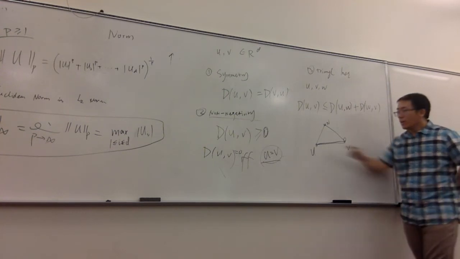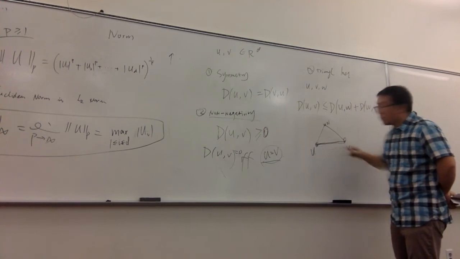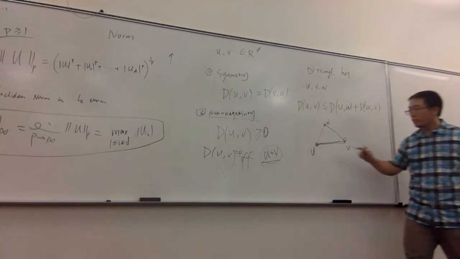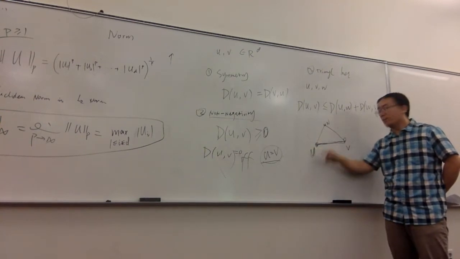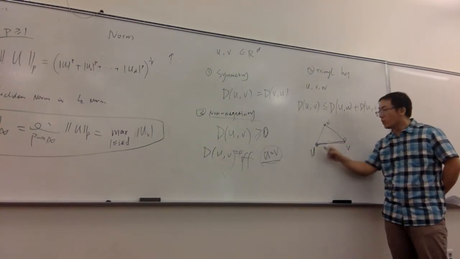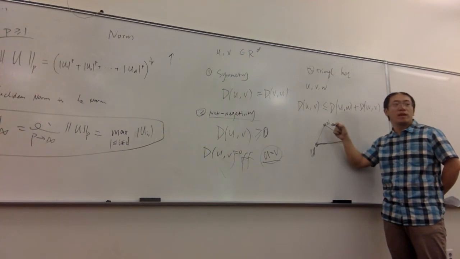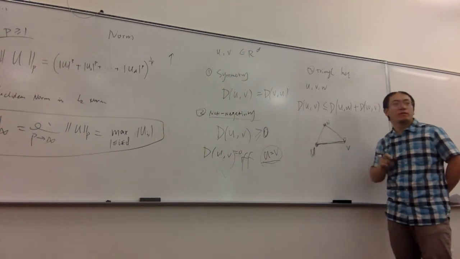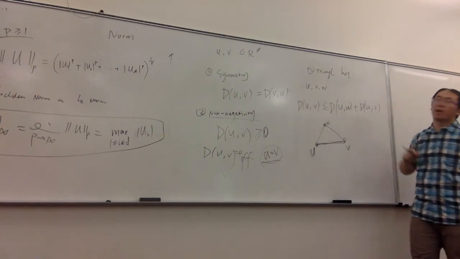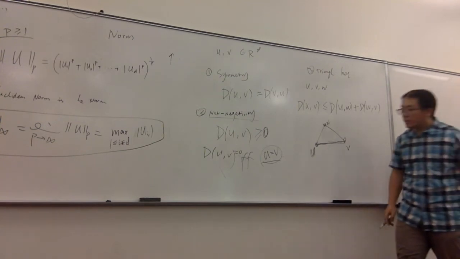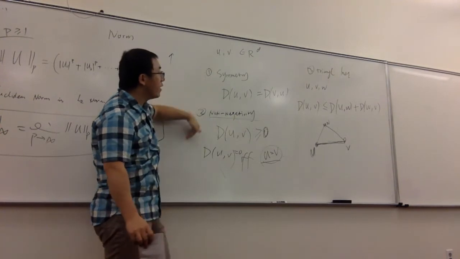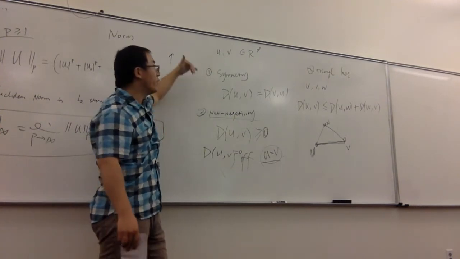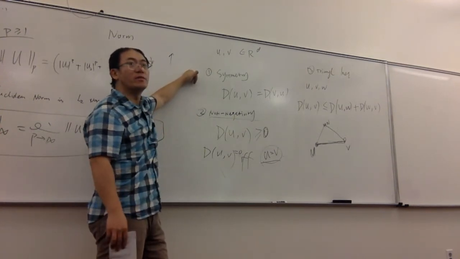If you want to travel from u to v, the shortest path is a straight line between u and v, rather than first traveling to another point w, and then from w traveling to v. So this is called the triangle inequality. Any distance metric that satisfies these three properties is called a valid distance metric.